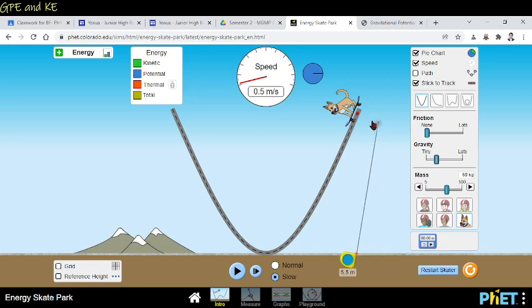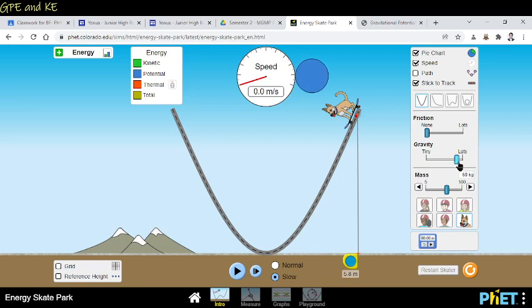For the potential energy, of course, it is related with height because the position of the dog, at this height and at this height, the potential energy is different. So, how to calculate the potential energy? First we talk about the height, and then we can also change the gravity.